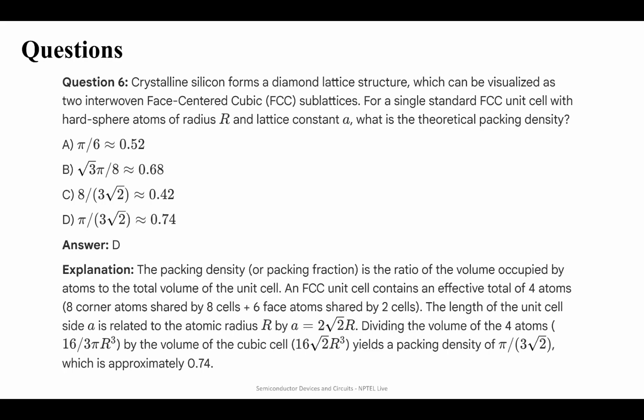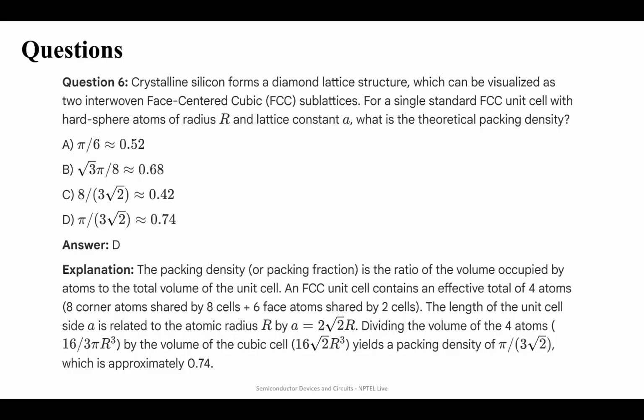So the correct answer will be D. The packing density or packing fraction is the ratio of volume occupied by atoms to the total volume of the unit cell. An FCC unit cell contains an effective total of 4 atoms, which is 8 corner atoms shared by 8 cells, plus 6 face atoms shared by 2 cells.